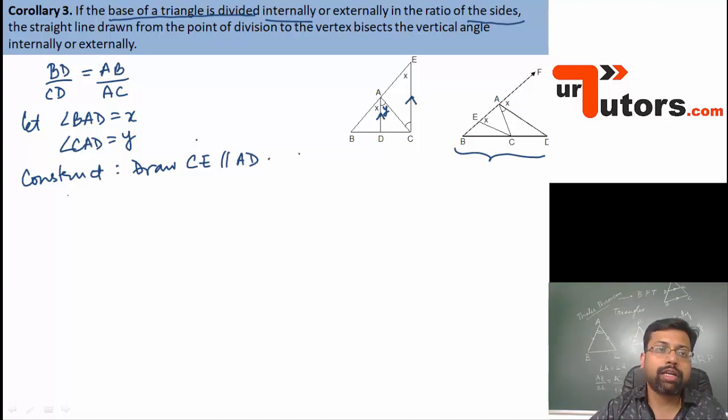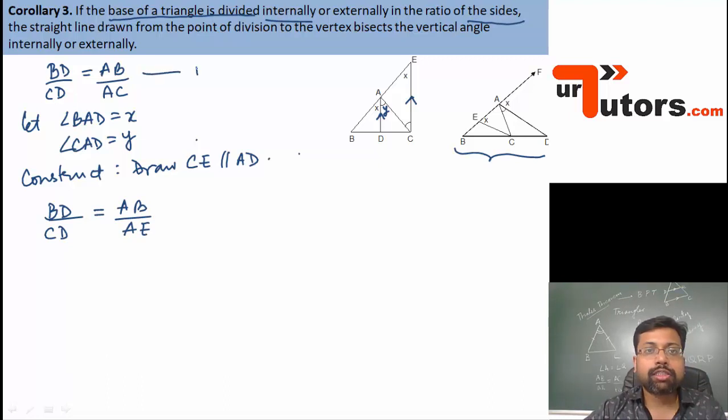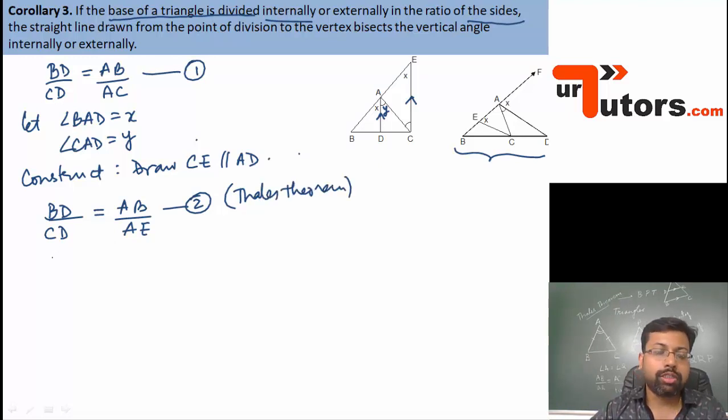since we have drawn it parallel, from Thales theorem we have BD by CD is equal to AB by AE. And this is given, and this comes to be true from Thales theorem, or the basic proportionality theorem, either one. And what do we see from 1 and 2?